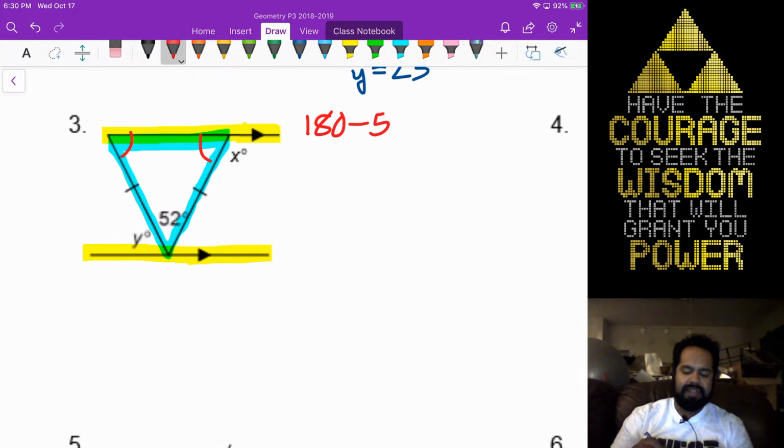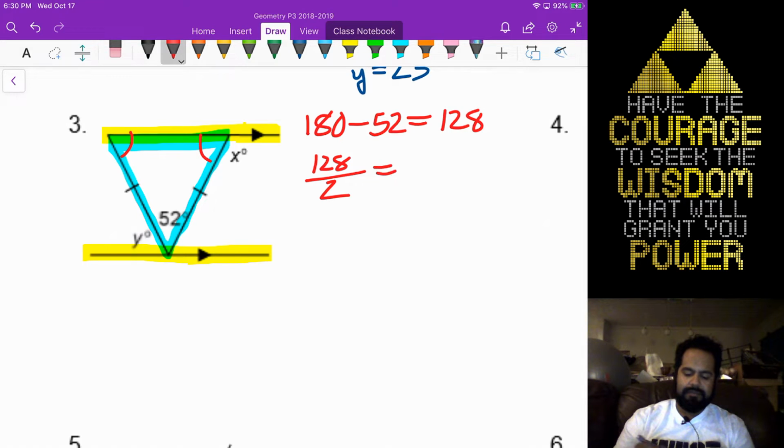So if I take away the 52, we should get 128. Well, since those two angles are congruent, let's split them in half. So there we get 64 degrees.